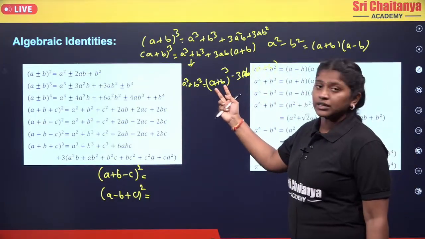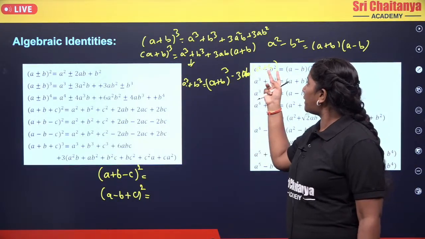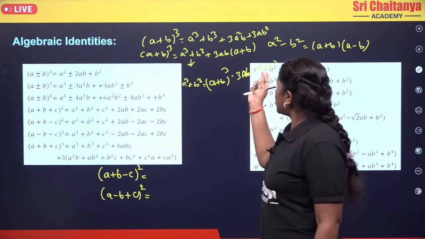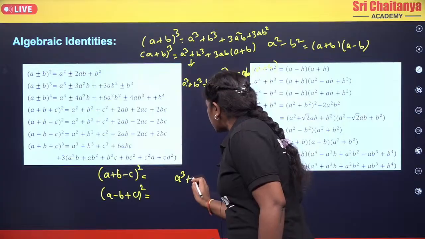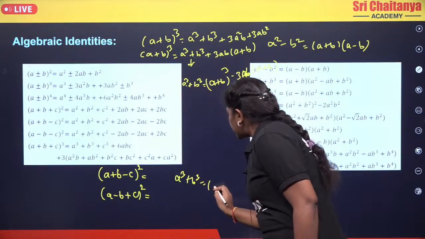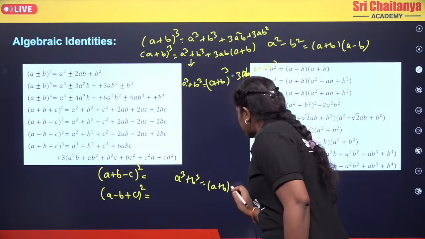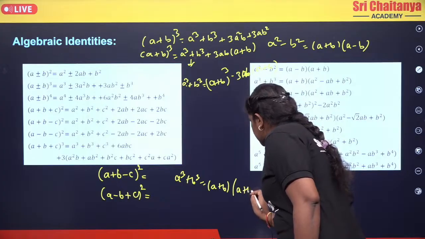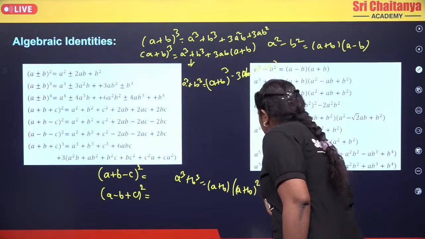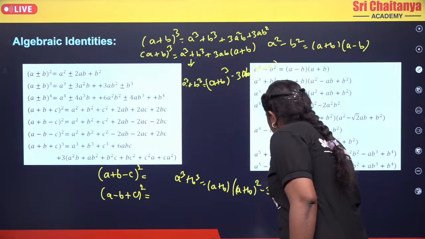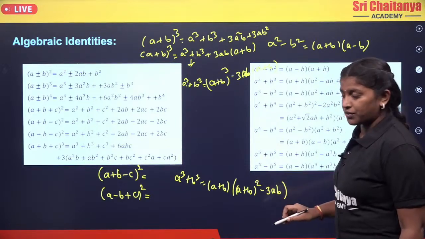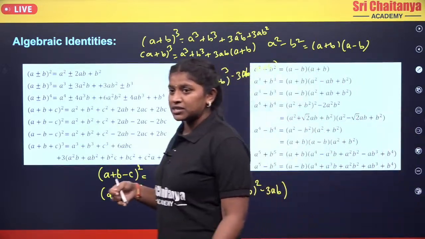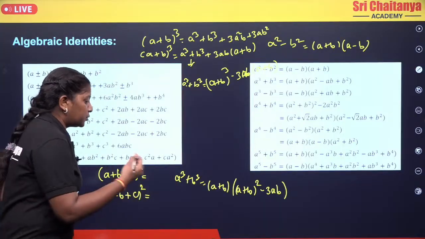Now if you observe clearly, we have a plus b whole cube and a plus b common, so we take a plus b outside. It will become a cube plus b cube equals a plus b common, so we get a plus b whole square minus 3ab. Now if you expand a plus b whole square, it becomes a square plus b square plus 2ab.